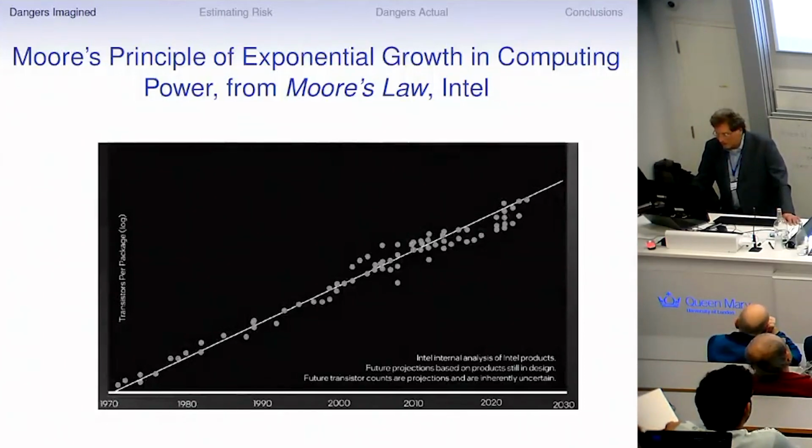And here you see the graph plotting as a straight line an exponential growth in computing power, as measured by the number of circuits which can be etched microscopically on chips, CPU microchips. And then, of course, we have GPUs, which continue this trend.